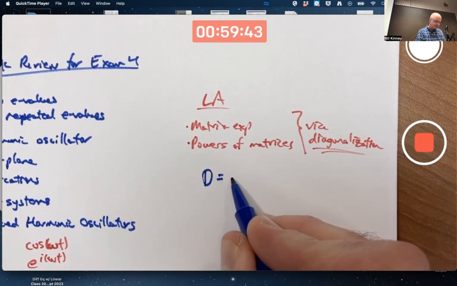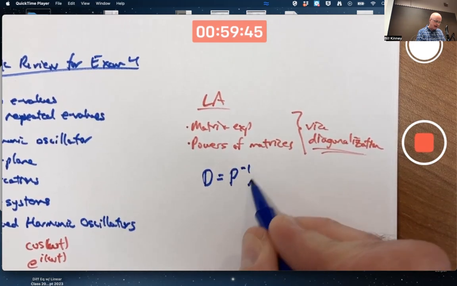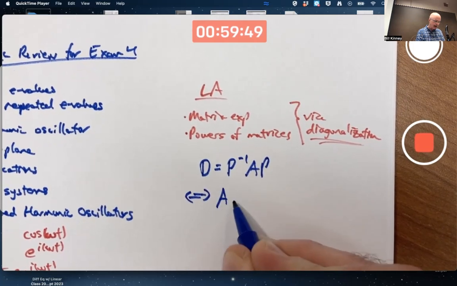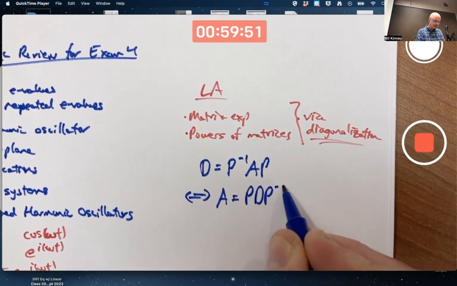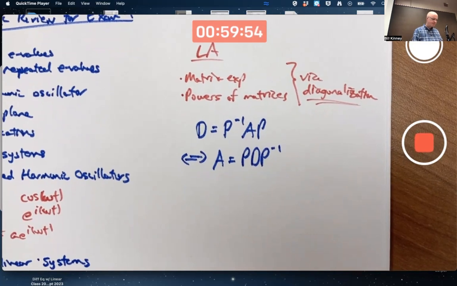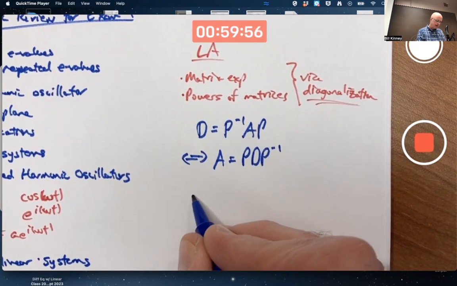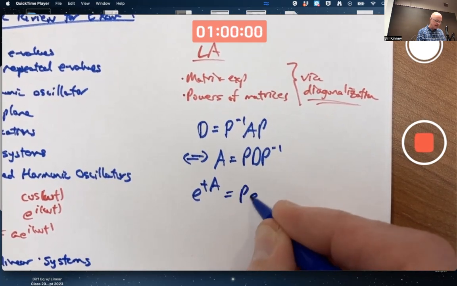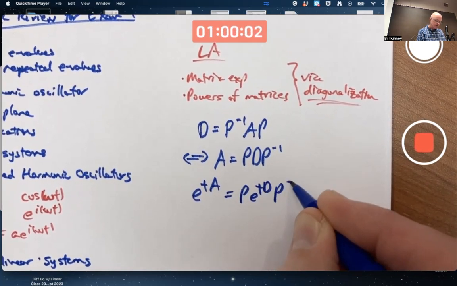D equals P inverse AP is how you diagonalize A. That's equivalent to saying A is PD P inverse. One thing you can say is the matrix exponential e to the tA is P e to the tD P inverse.